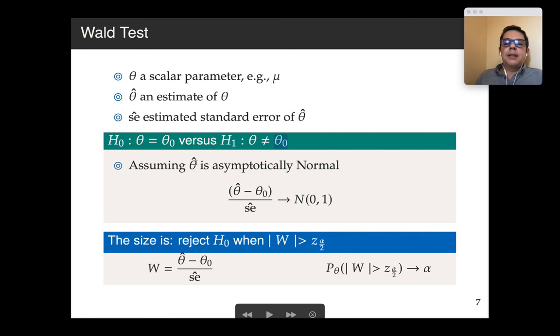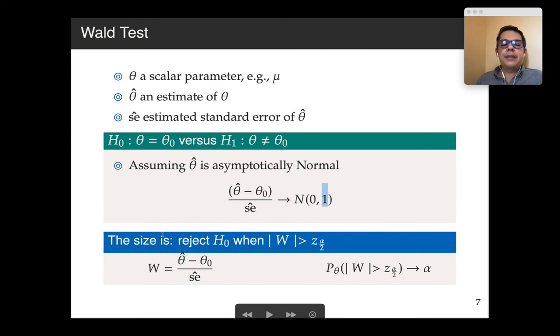Assuming the estimated theta is asymptotically normal, we can see that hat theta minus theta 0 divided by the estimated standard error is approximately normal with a mean of 0 and standard deviation 1.